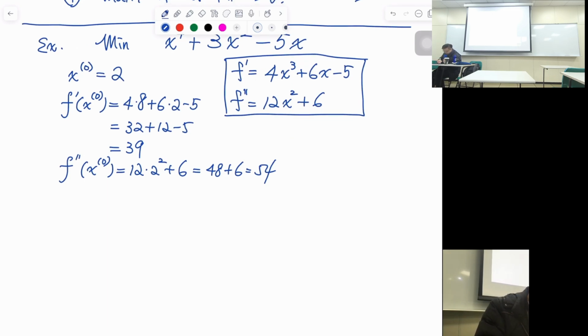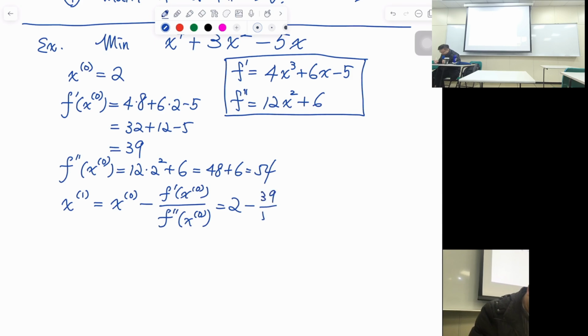So x of 1 equals x of 0 minus, let me do it slowly, f prime of x of 0 over f double prime of x0. So this tells me 2 minus 39 over 54. Then I need a calculator. 1.28.